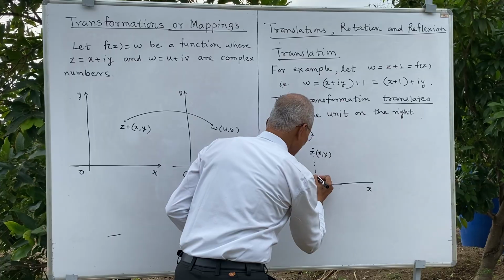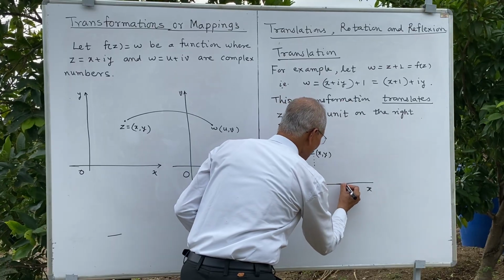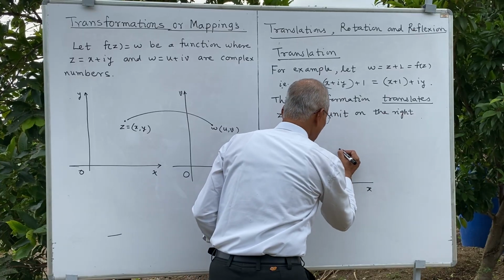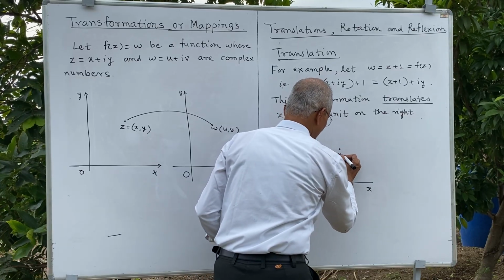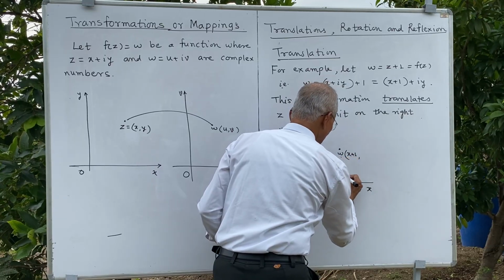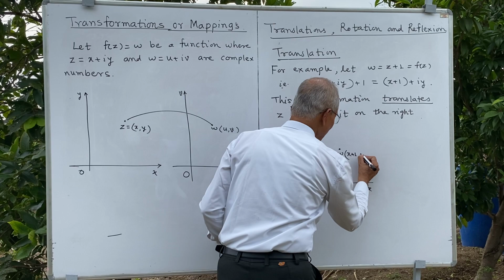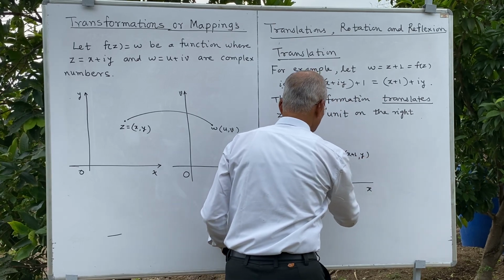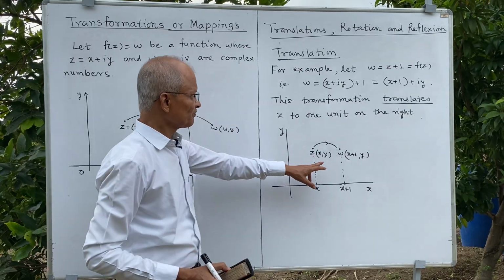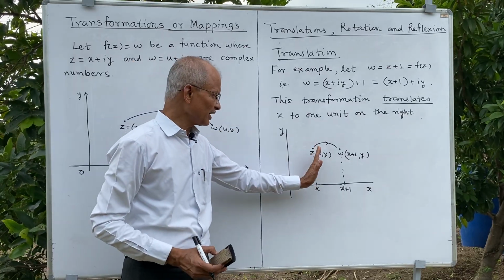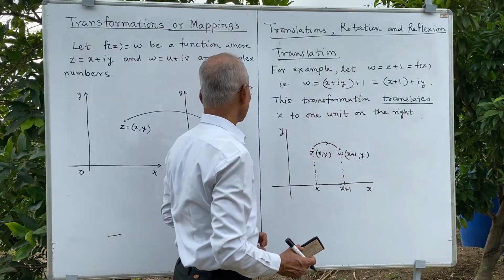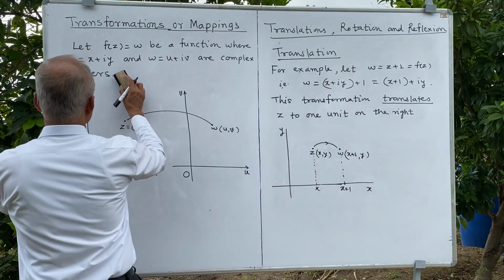The coordinate of z is x, and it is transformed one unit to the right, that is x plus 1, and the corresponding point will be w. The x coordinate of w will be x plus 1, the y coordinate is the same, and this is the transformation of z to w. So it shifts or translates the point z one unit to its right for this particular example, and therefore this is an example of translation.